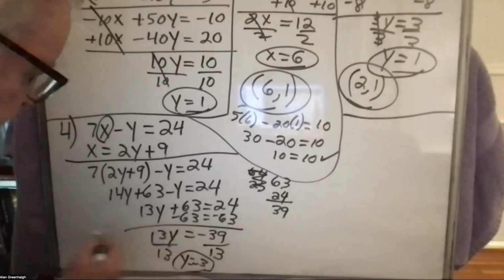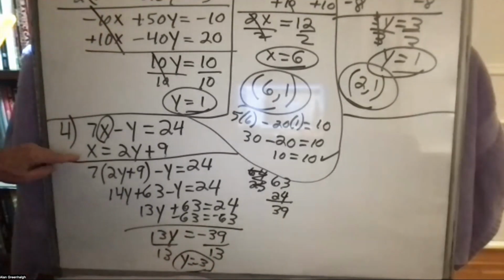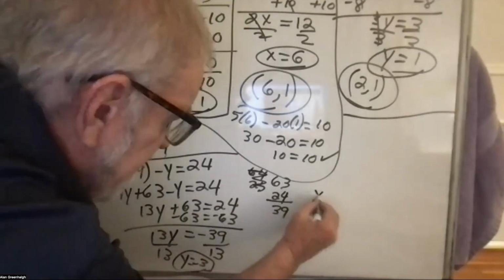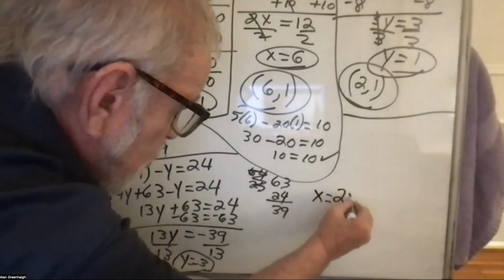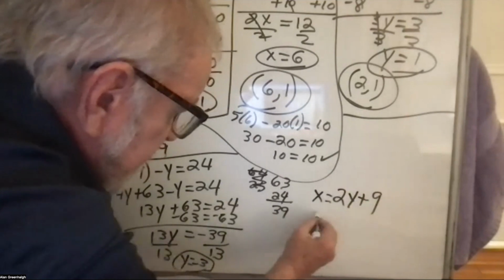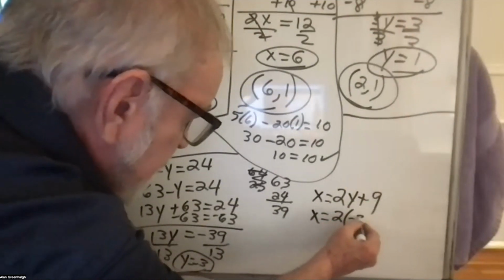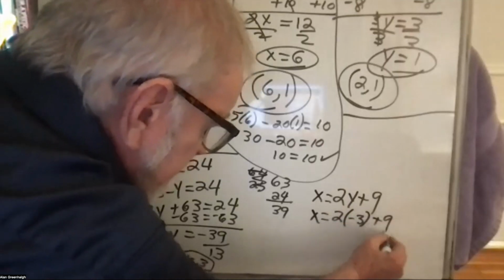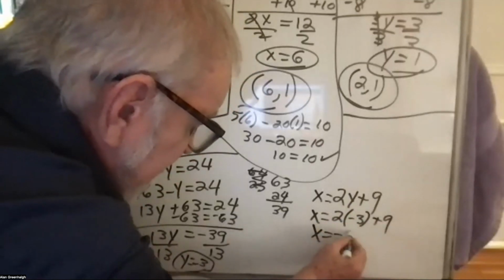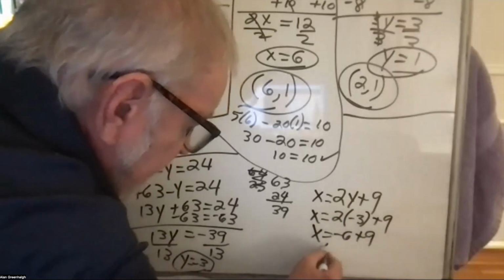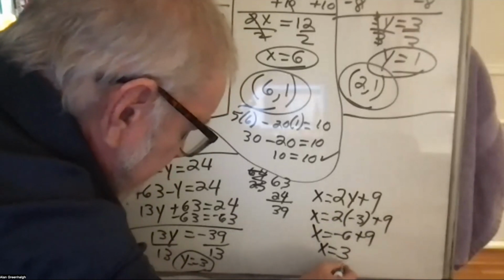And the answer is, oh, we didn't do x yet. So now you got to go up here to x. And x will equal 2y plus 9. So x will equal 2 times -3 plus 9. X equals -6 plus 9, or x is equal to 3.